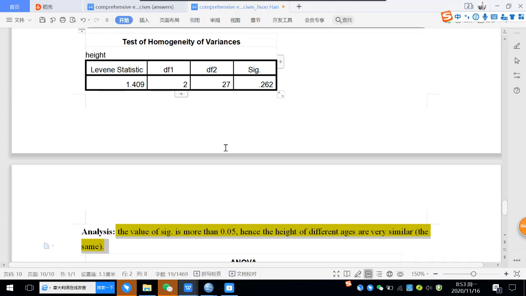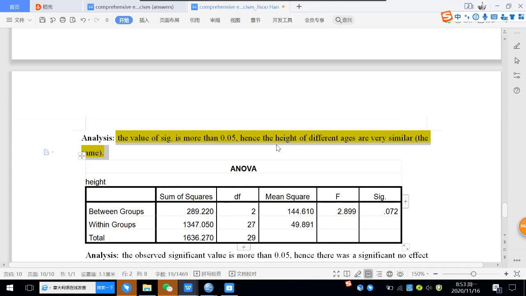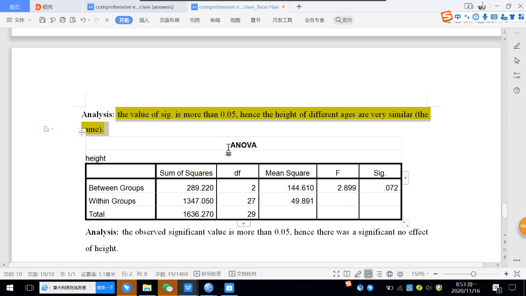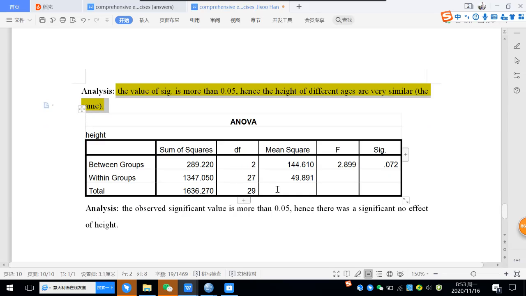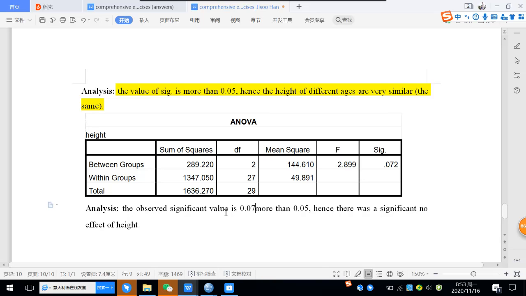Okay. And then, since the equal variance is assumed, then we can look at the results of this part. Okay, so the observed significance value is 0.072, which is more than 0.05. Here, my suggestion is please write the significance value here.